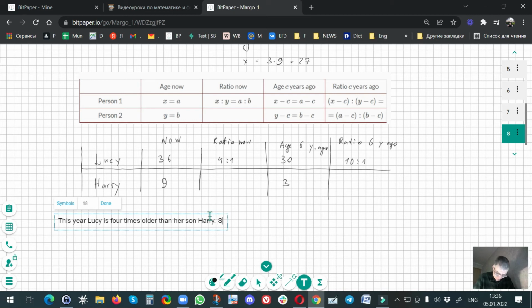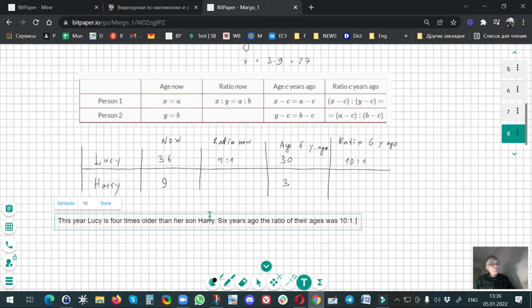Six years ago, the ratio of their ages was 10 to 1.